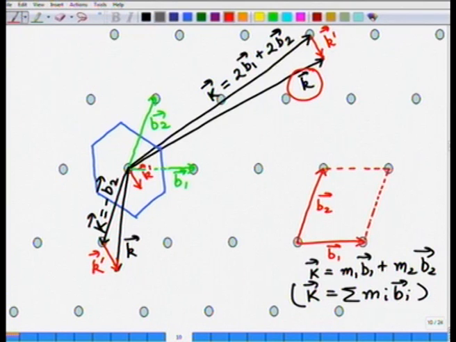But let me say it in words right now once more, and I will repeat it again. As a consequence of periodic potential, Bloch's theorem said that first, it is possible to reduce a problem to a one electron problem with an effective potential. Number 2, once I have a one electron problem, it is being solved in a periodic potential, which is natural to assume, since the lattice has a periodicity.